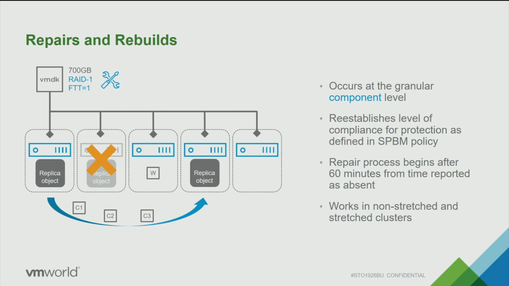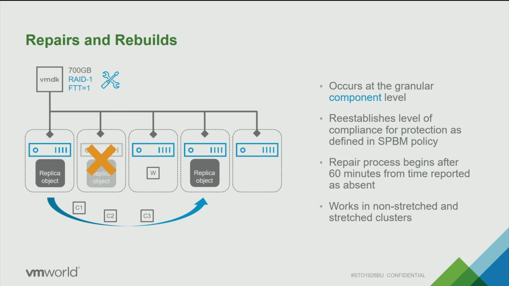We have a couple of different methods by which repairs and rebuilds occur. If you have a host go down, and we're just going to use a host going offline as a very simple example, we don't know if that's a transient error in the network, or if maybe you brought it down suddenly for maintenance or a host reboot of some sort. So we don't want to be overly aggressive in rebuilding the data that existed on that host.